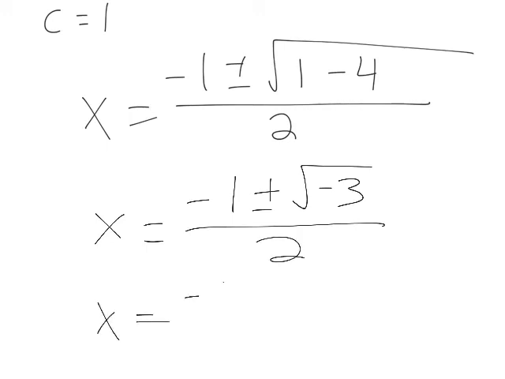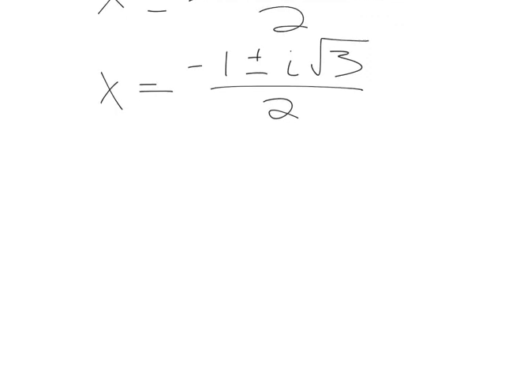X is going to be equal to negative 1 plus or minus i times the square root of 3 over 2. Okay, since that's imaginary, we will need to write that as two different zeros, two different terms rather.